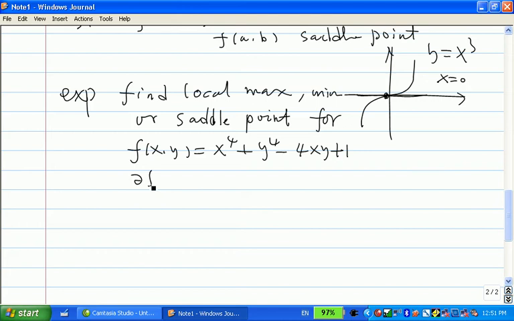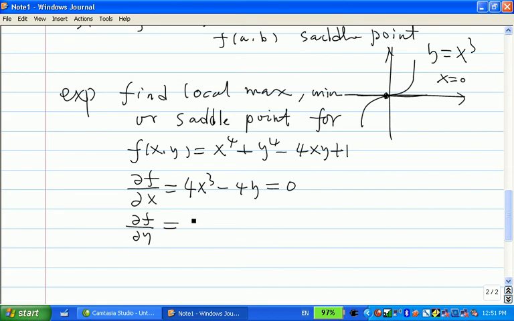So now let's find the partial f with respect to x first. That means you treat y as a constant. So the first term gives you 4x to the third. y is a constant, so the second term is 0. Then minus the third term, treating y as a constant, gives you 4y. Set equal to 0. Then find the partial f with respect to y.